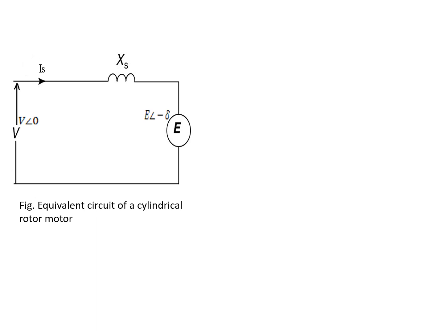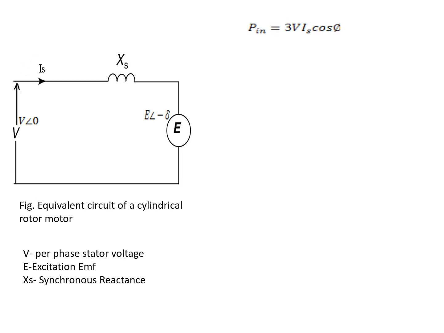I have represented the stator voltage V angle 0 and E is the excitation EMF, and it is written as E angle minus delta. It is so because the phase difference between V and E is delta.